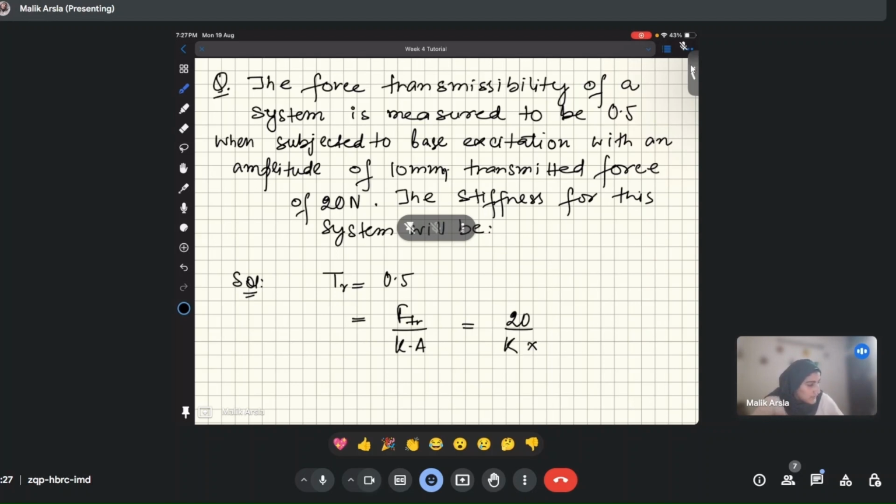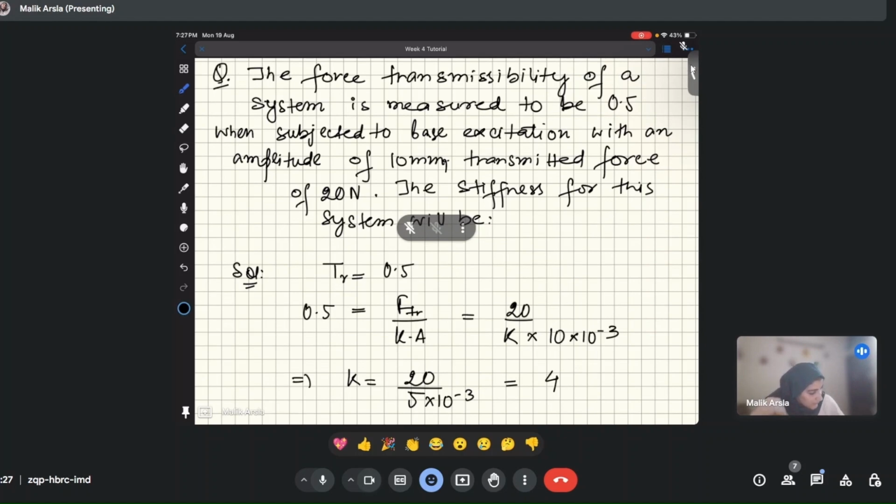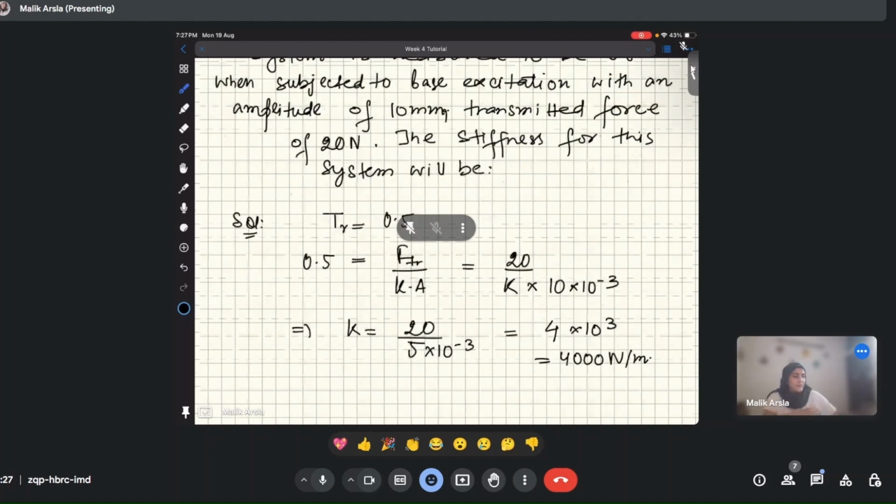The amplitude is 10 mm, so it will be 10 into 10 to the power minus 3 meters, and this will be equated to 0.5, the transmissibility. From here we can find K equal to 20 upon 5 into 10 to the power minus 3, so it will be 4 into 10 to the power 3, which is equal to 4000 Newton per meter. Okay.